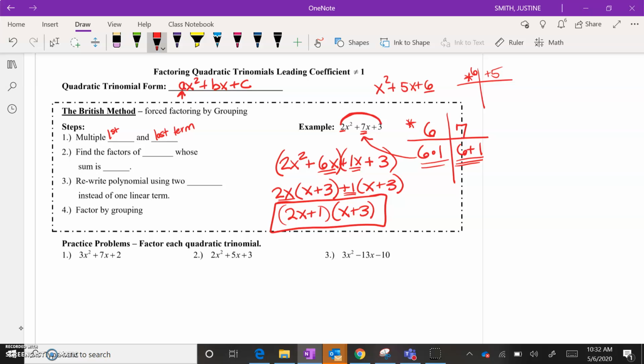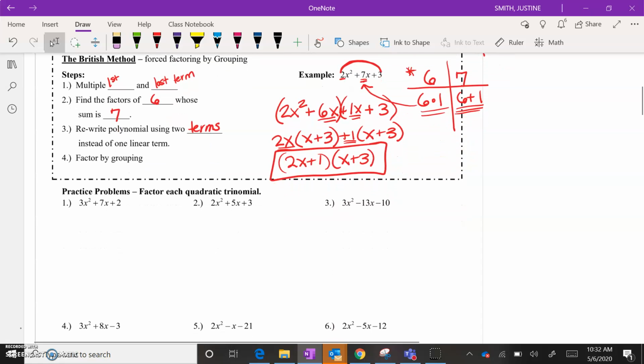Okay, so number 2 here, find the factors of the product whose sum, well, we're just going to use this example here. Okay, so find the factors of 6 whose sum is equal to 7. Then we rewrote the polynomial using the 2 terms instead of the 1 linear term. Okay, and then factored by grouping.